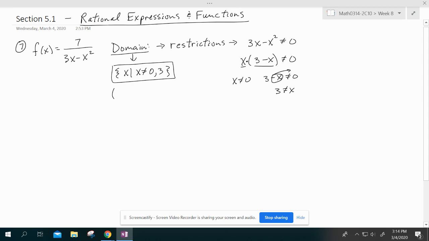So if 0 and 3 are the only exclusions, that means that we can take any number all the way back to negative infinity up to 0, but not including 0, union, and then we're going to skip over 0 and keep going to which number? 3, but a parenthesis because we cannot include 3. But we can skip over 3 and keep going to infinity.